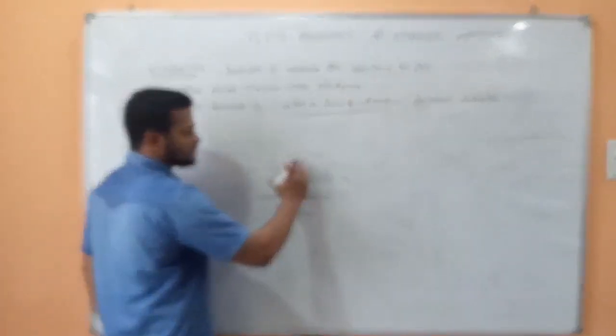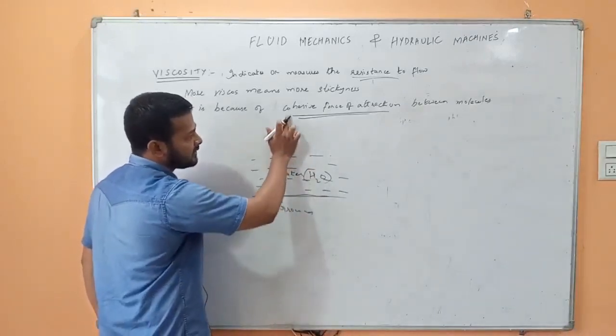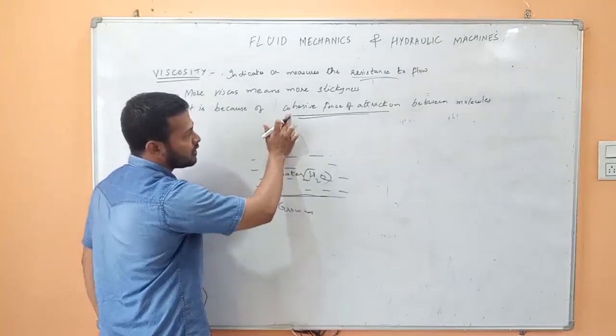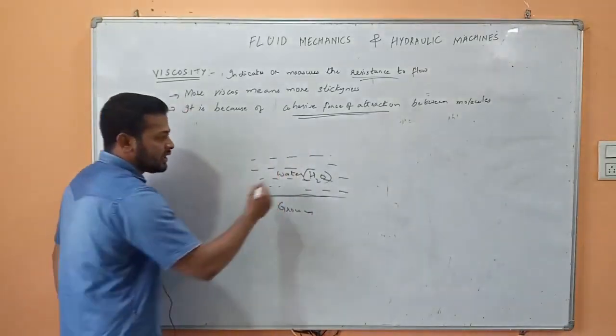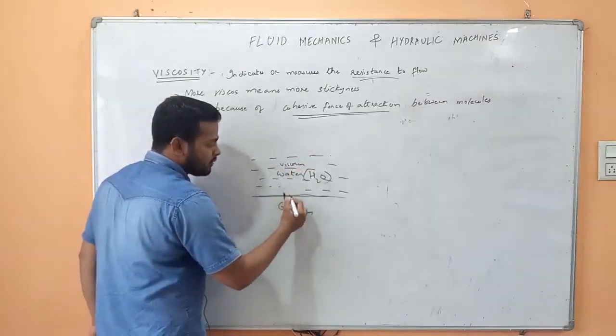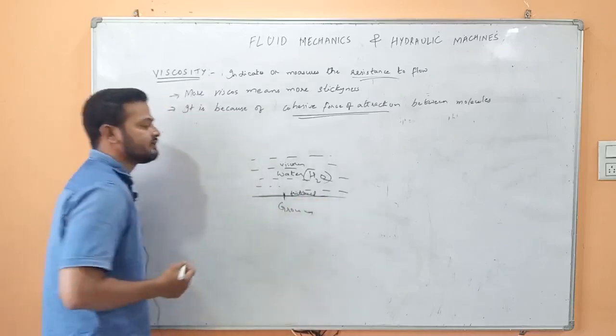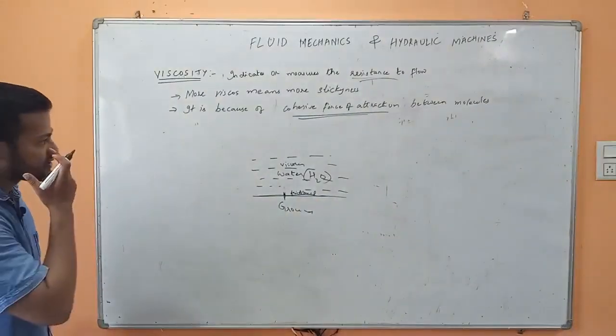The force of attraction between the same type of molecules within the material is called the cohesive force of attraction. Here the resistance is viscous resistance, and between these two the resistance is frictional resistance. That's the difference between viscous resistance and frictional resistance.